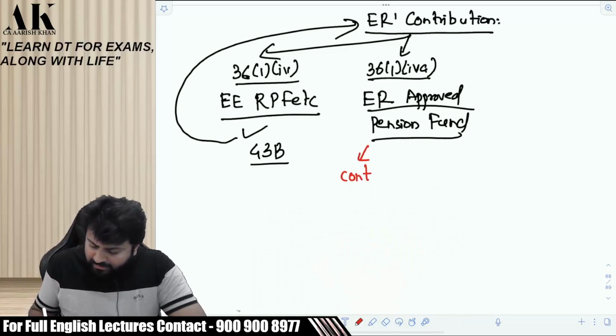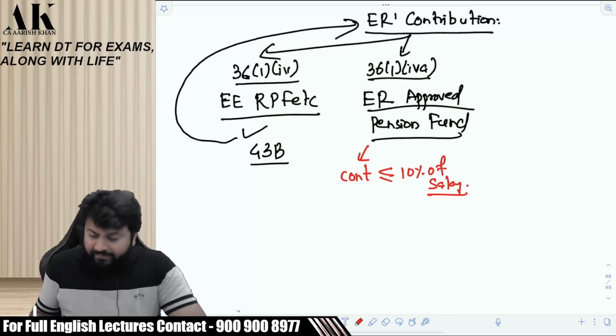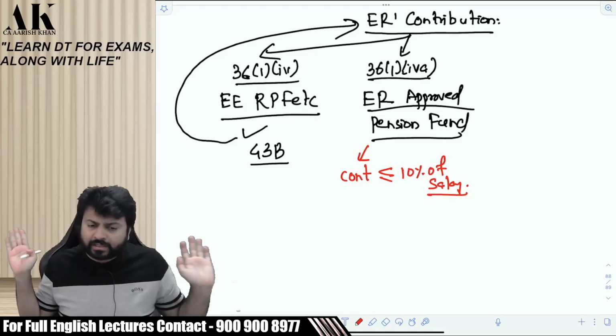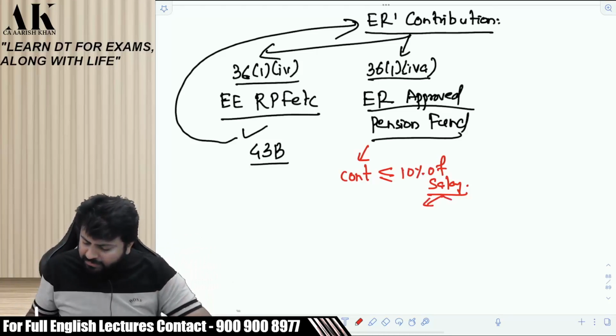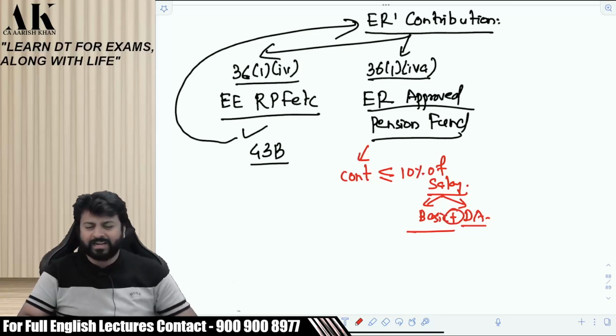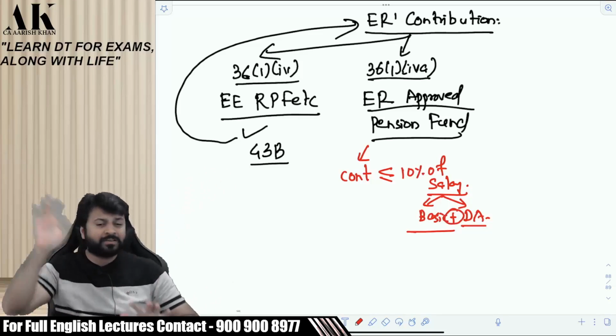The contribution should be less than equal to 10% of salary. It should not exceed 10% of salary. If it exceeds 10% of salary, then it will be restricted to 10%. You will not get deduction of more than 10%. And salary for this purpose includes basic salary plus DA. That's it, DA in terms. You would have done this hopeless chapter in CA Inter, that salary for one purpose is different, another purpose is different, third purpose is different.